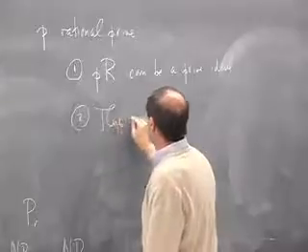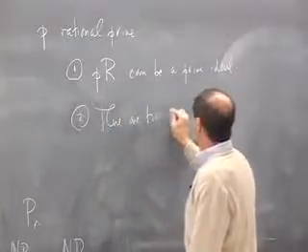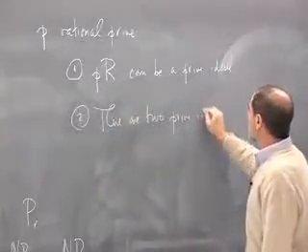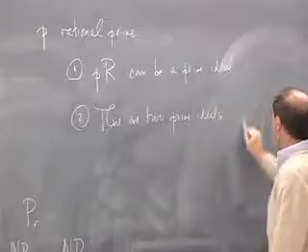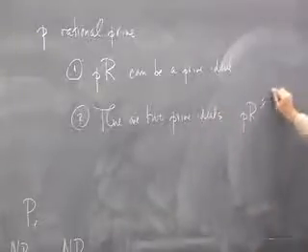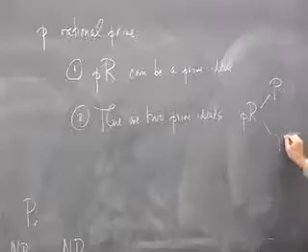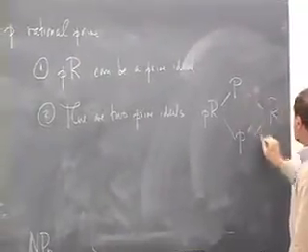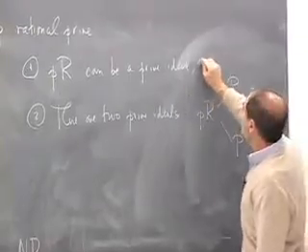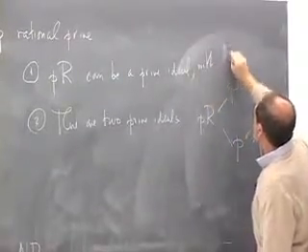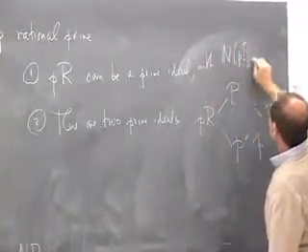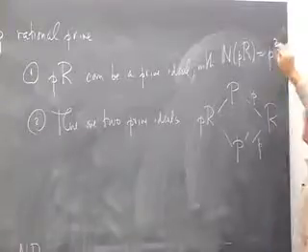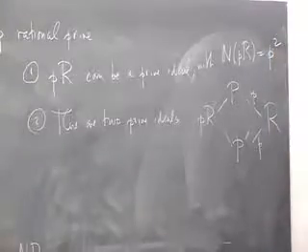there are two prime ideals between pR and R, each of index p, because I should have said, the norm of pR is p squared, because its index is p squared.